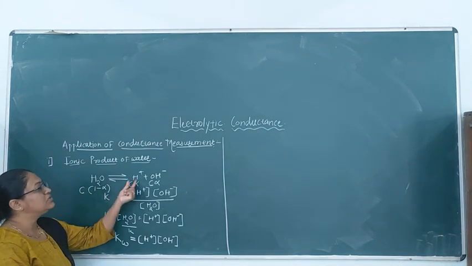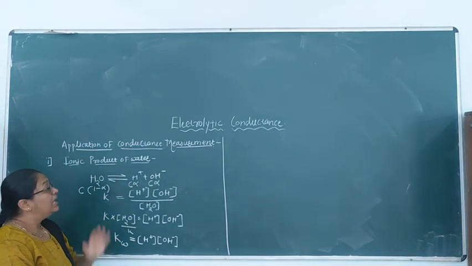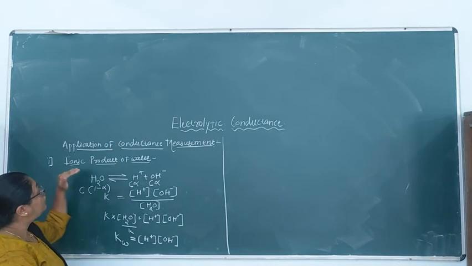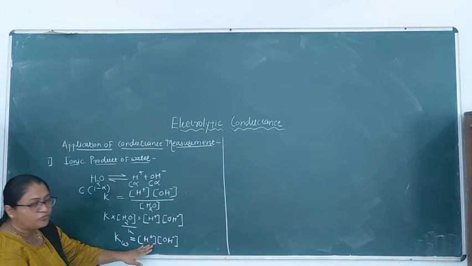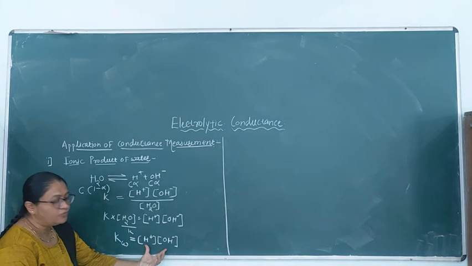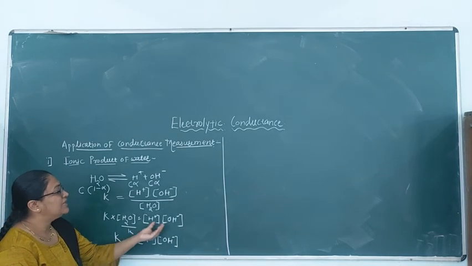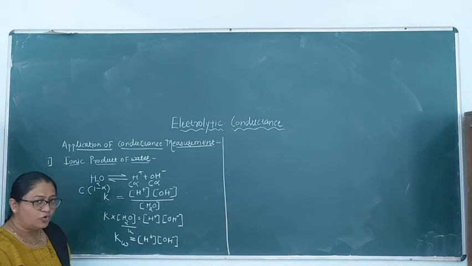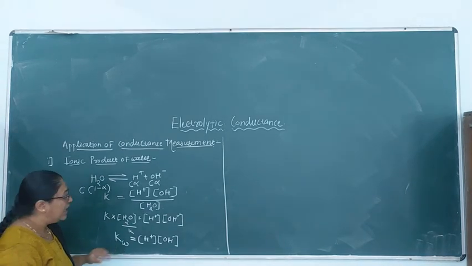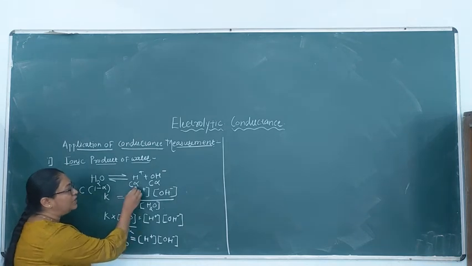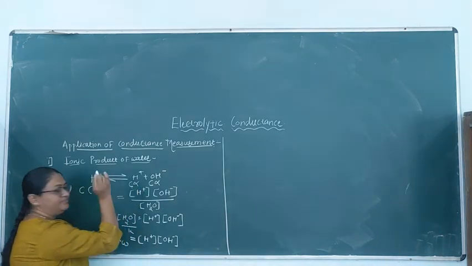Now we want to find the ionic product of the water, which is nothing but the product of concentration of H plus and OH minus ions. Therefore, to find out Kw or ionic product, I need to know the value of alpha and C.